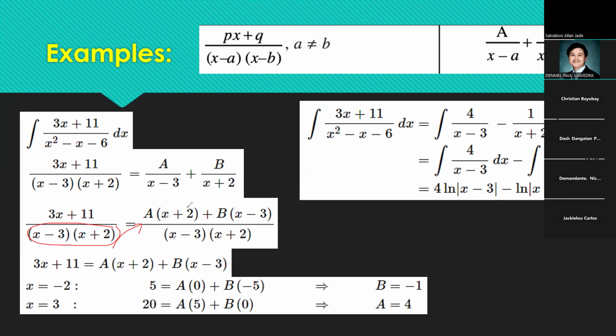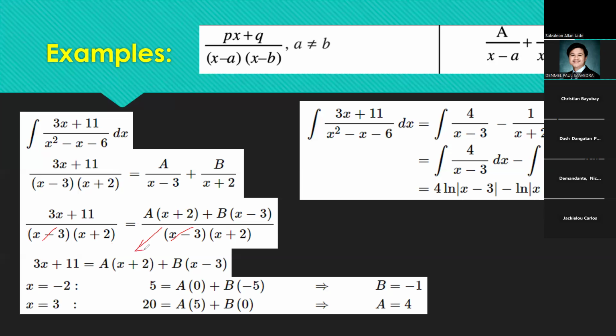Like for example on the A times x plus 2, this would cancel, retaining the x. It seems that this one is quite confusing. No, not that one. Okay, so if we multiply this one to each other, this would cancel out x minus 3, retaining the x plus 2.